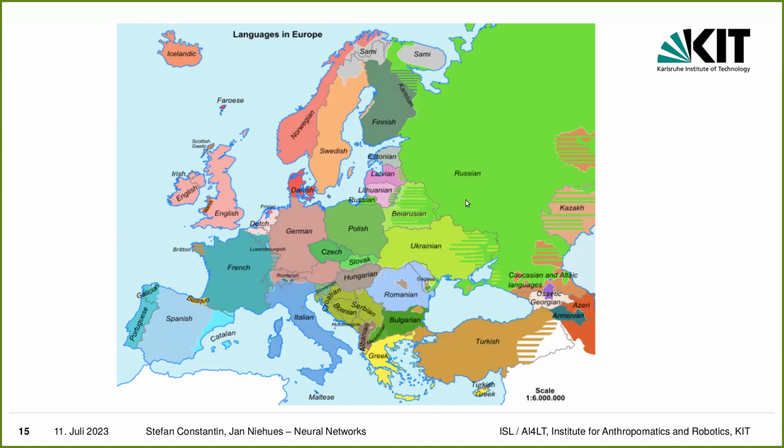And now here's a map of languages in Europe. Europe actually has not so many languages compared to other continents. I think I've read somewhere that Indonesia alone has a couple of hundred languages. When we want to do machine translation from text to text, of course, we need training data. I'll talk about training data later. We want to have parallel text.